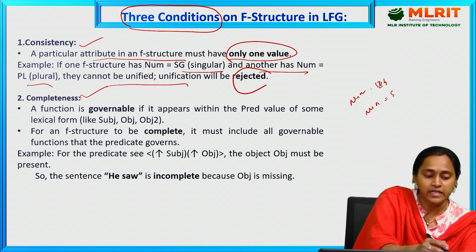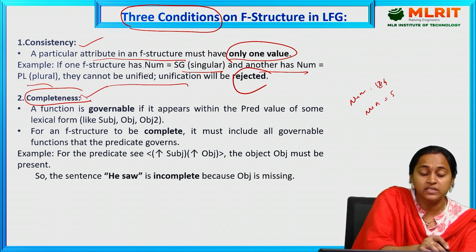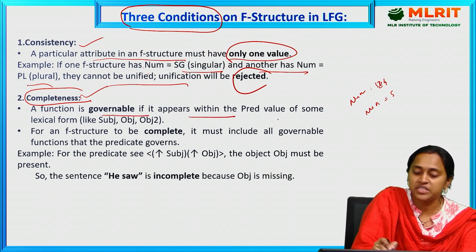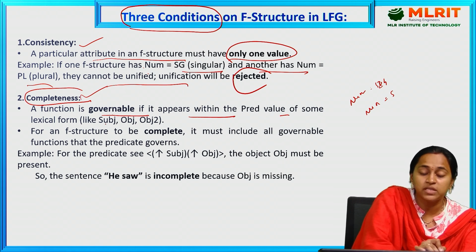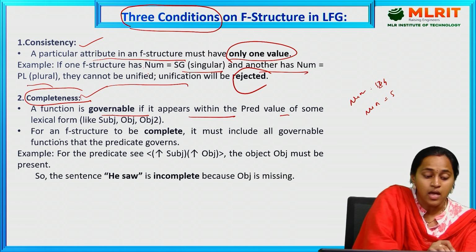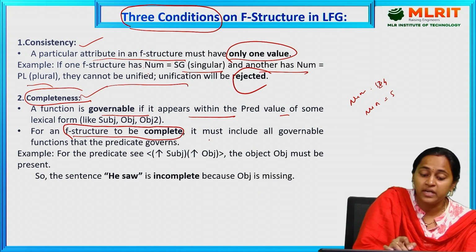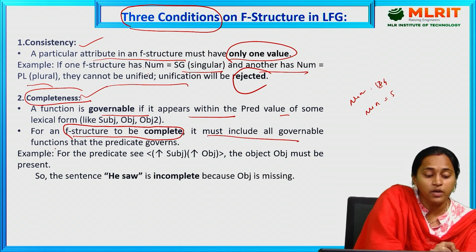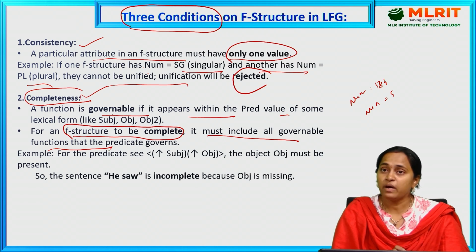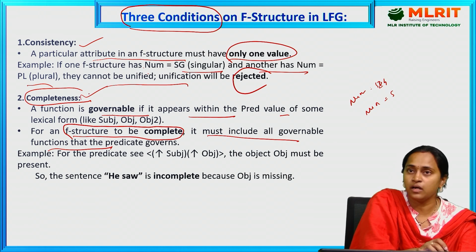See the next one, completeness. What is the meaning of completeness? The name itself says it. Governable functions happen with the predicate value of the lexical form, such as subject, object 1, object 2, etc. For an F structure to be complete, it must include all governable functions. Whenever I am using a governable function, it must include all the functions. Then only will it be complete. This is the main condition of completeness.